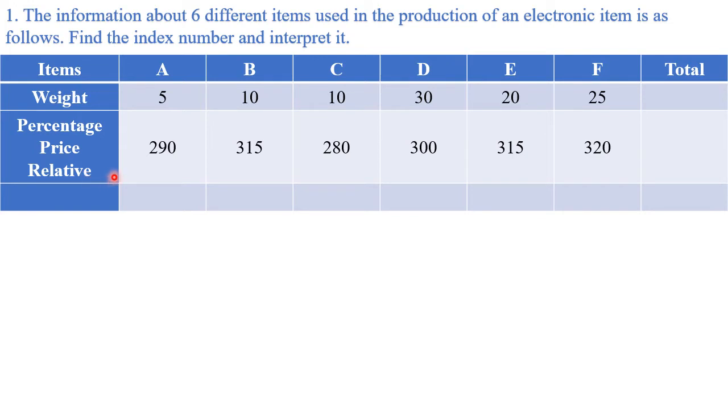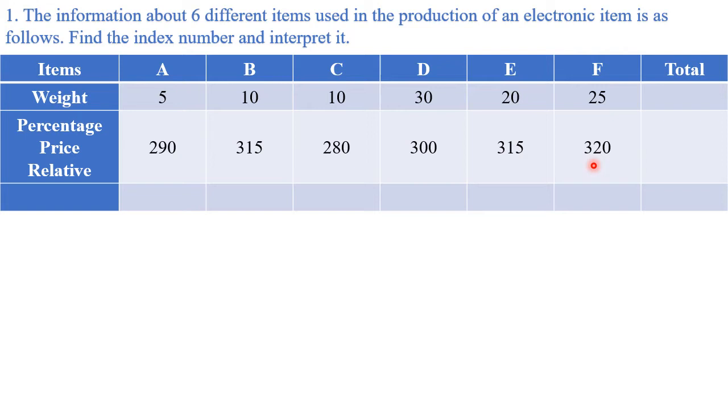have here. Now let me remind you once again, the percentage price relatives themselves mean index number. You can refer to my first tutorial for this. So the percentage price relatives are 290, 315, 280, 300, 315 and 320.